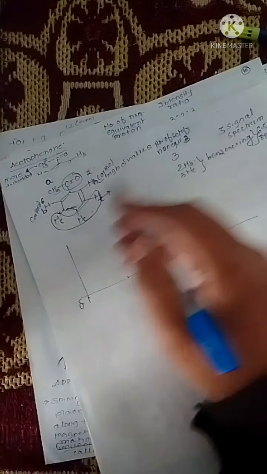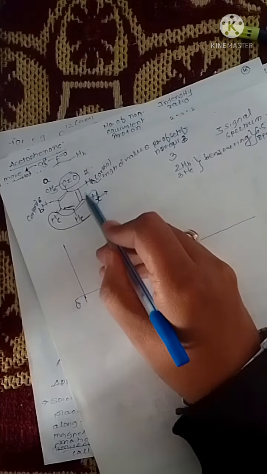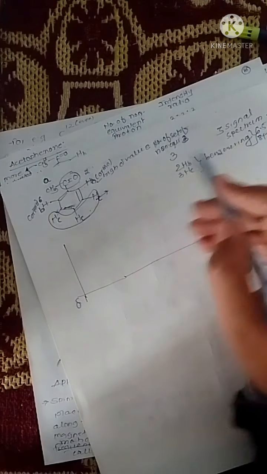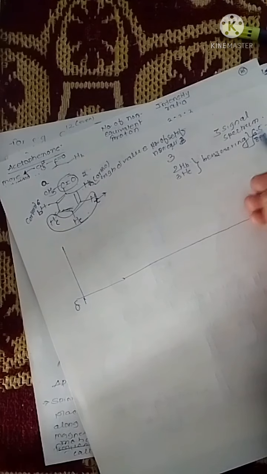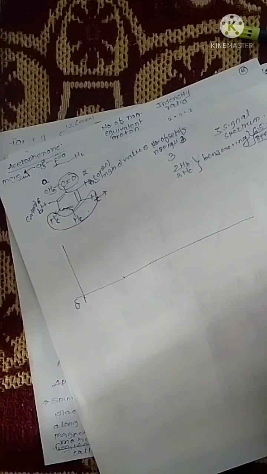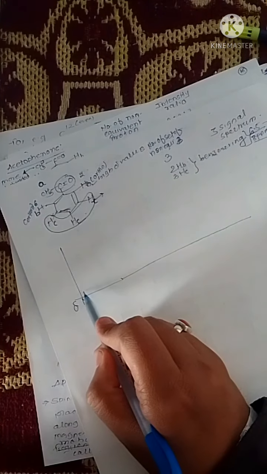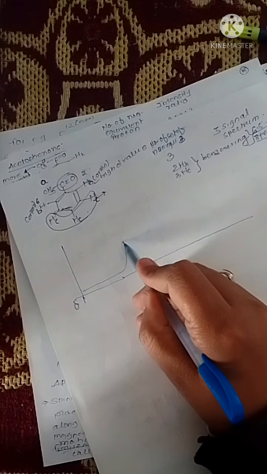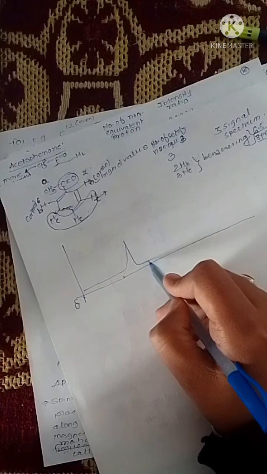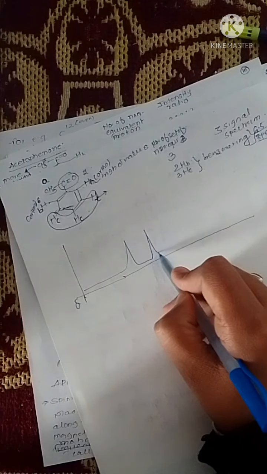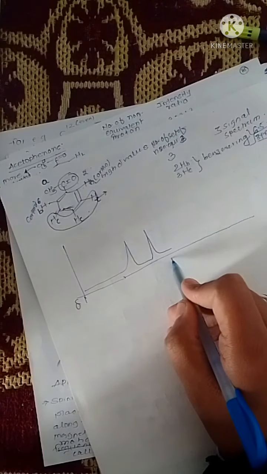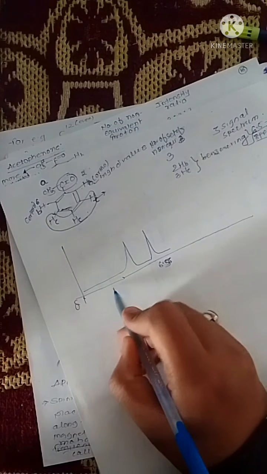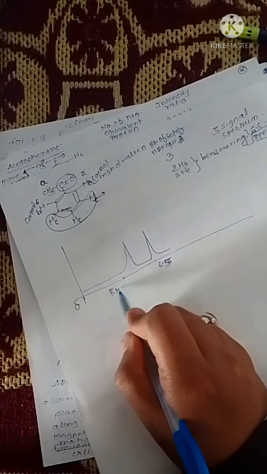So the peaks for these two types of protons, Hb and Hc, generally come in the region 6.5 to 8 ppm. So I am going to write that. Let this be the region from 6.5 to 8 ppm.